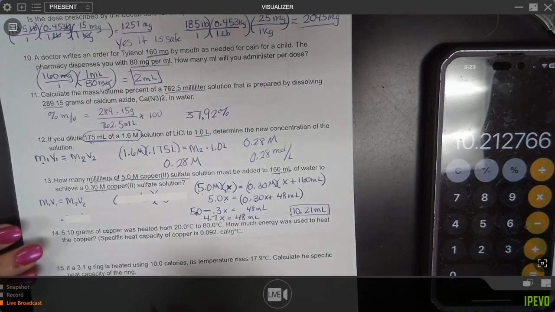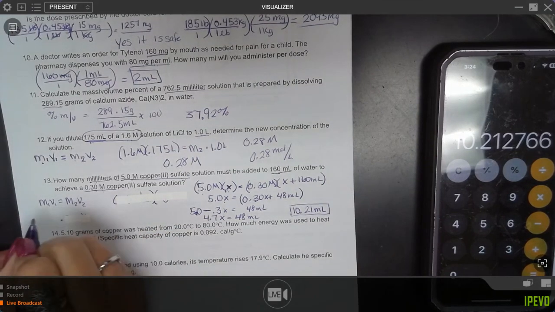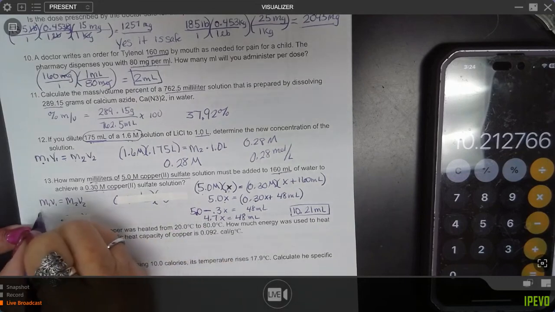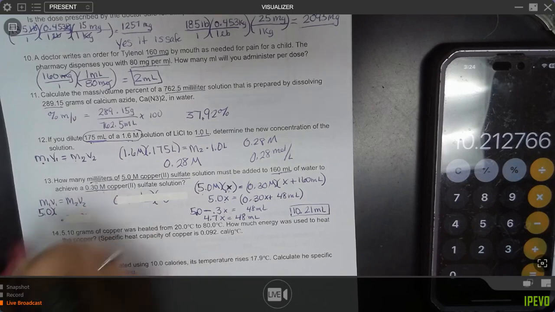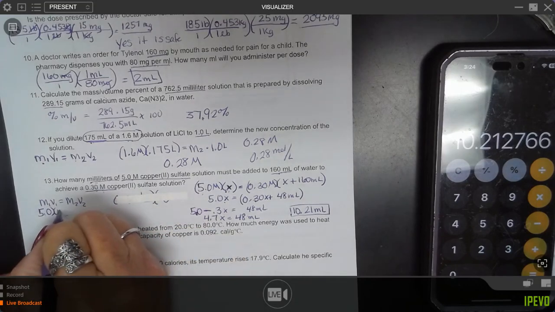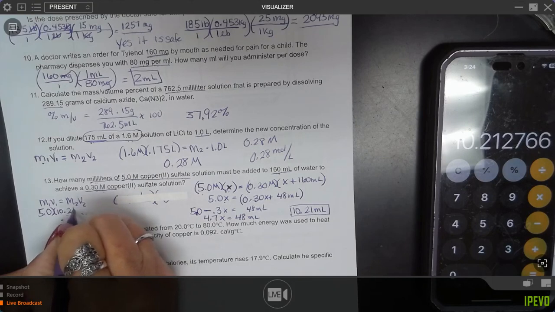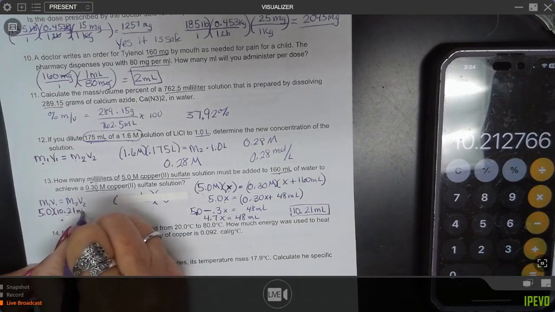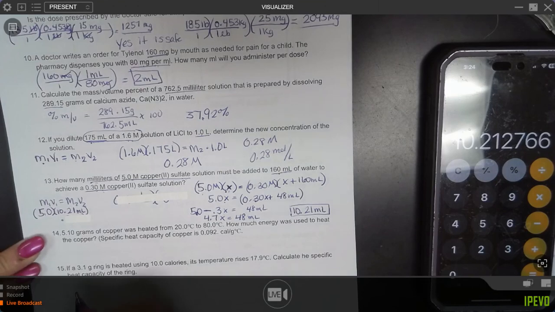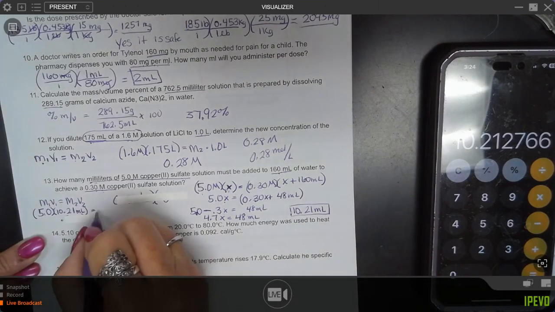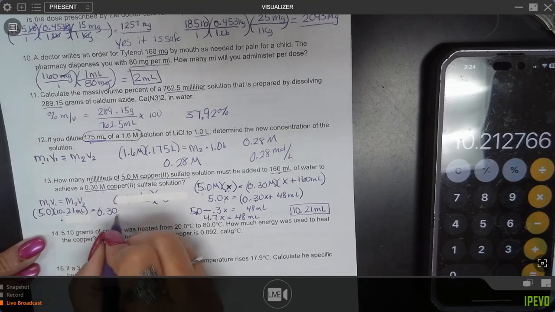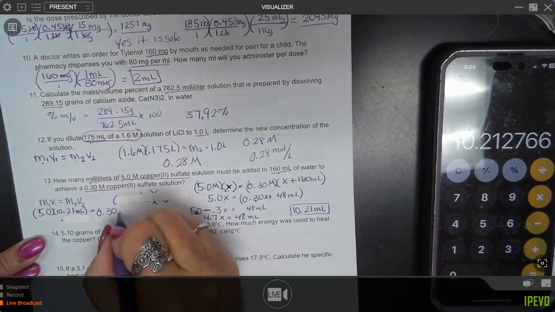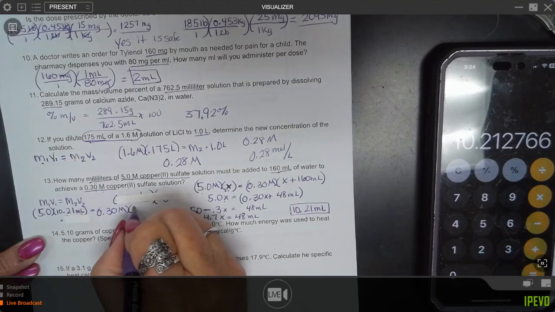Basically I'm saying if I were to go back here and plug this into this formula, if I have 10.21 milliliters of that 5 molar solution, I'm just plugging this in to make sure this makes sense. 0.3 is our second molarity, so 0.3 molar times V2.